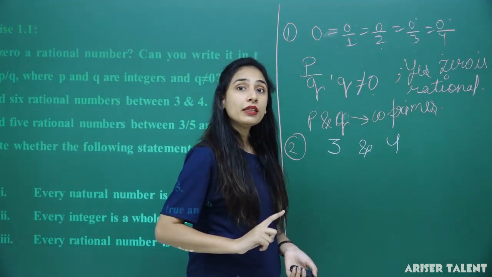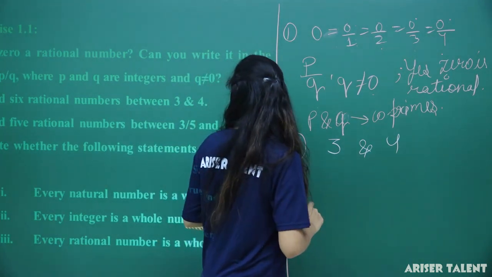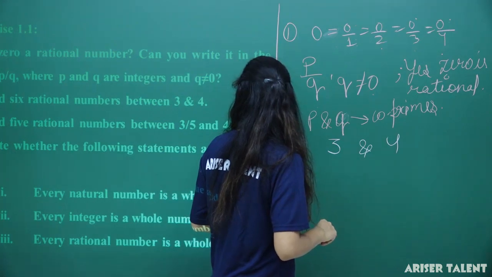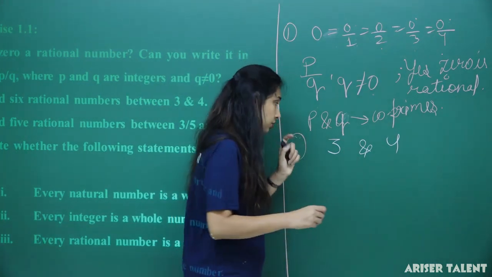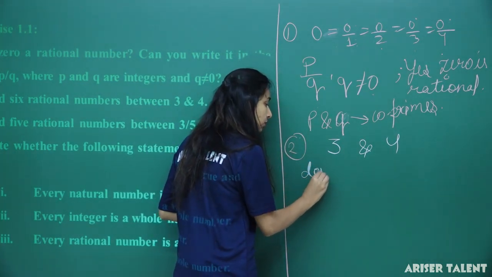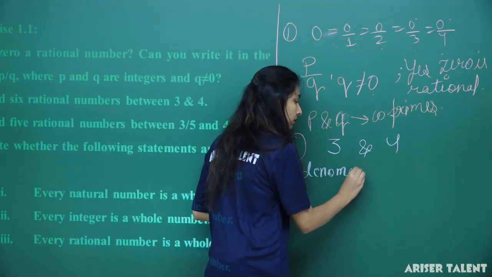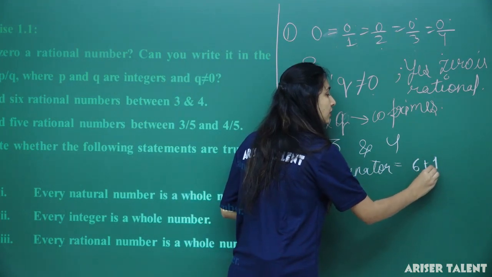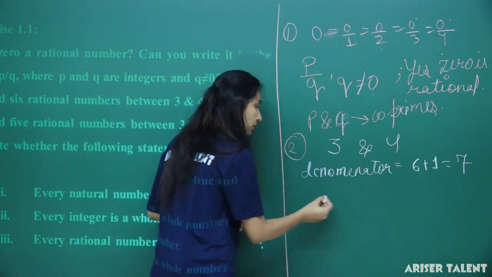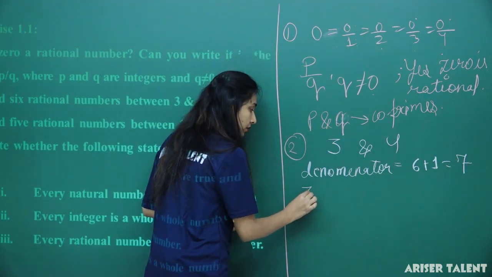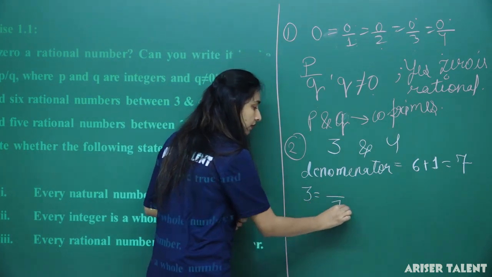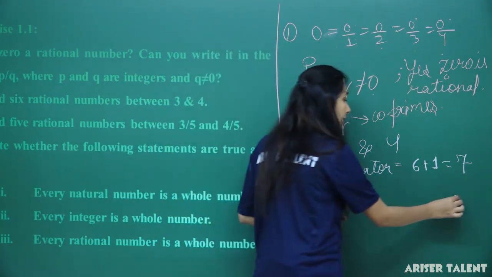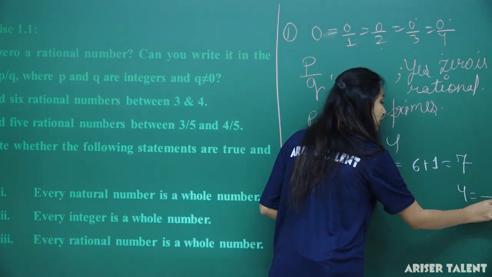What is the denominator method? How many numbers we have to insert between these rationals? That is 6. So denominator equals 6 plus 1, that is equal to 7. So now 3 equals something divided by 7 and 4 equals something divided by 7.